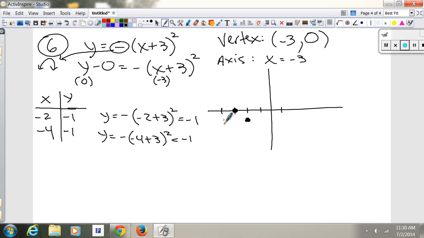So either way, you're going to get that -1 to come out with either of those two. There's your curve. Your axis of symmetry would be x is -3. This would be a dotted line where you could fold the graph. If you folded it on this line, you would see one side would land on the other side. That's your symmetry.